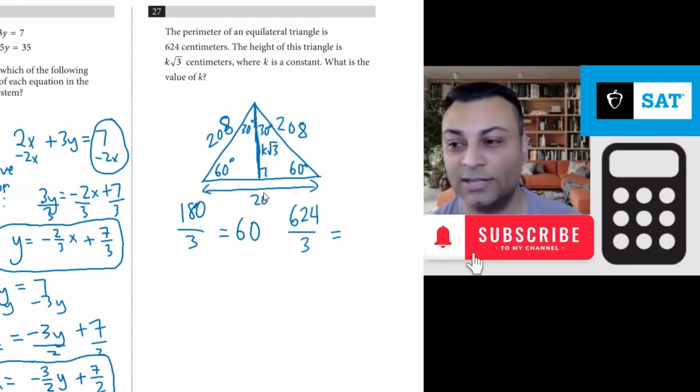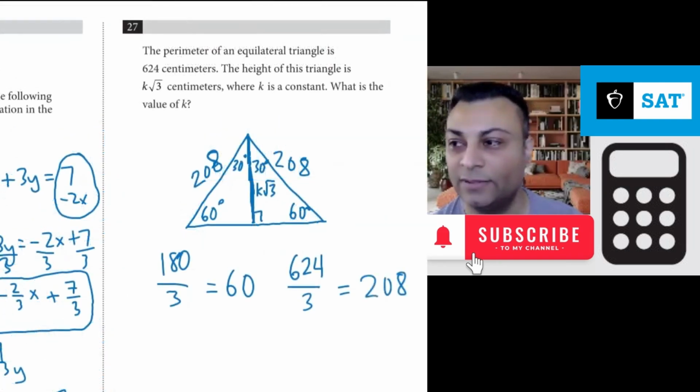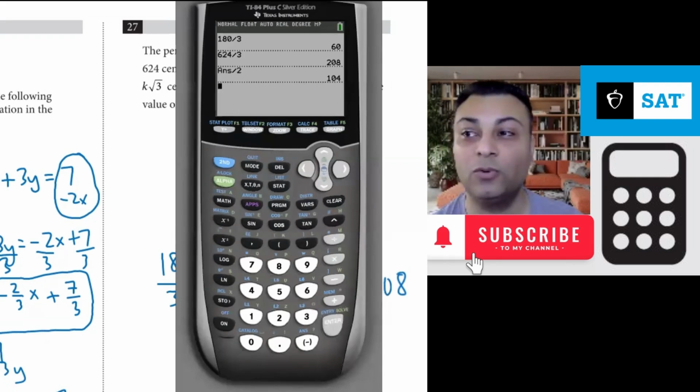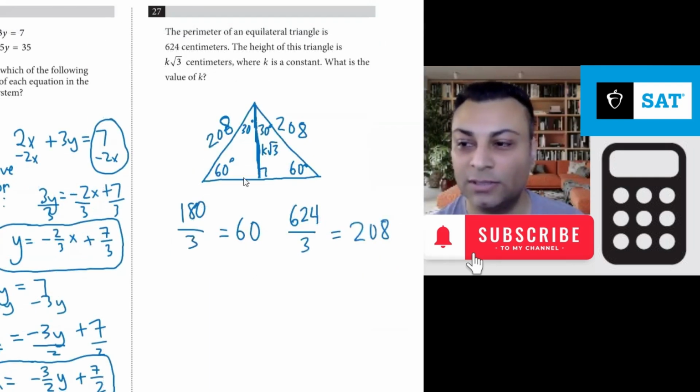But let's cut it in half because we have cut it in half in this picture. Oh, this was 208. Okay, so let's cut that in half. Let's grab the calculator. Let's go divide by 2. 104. So this is 104, 104, and this part is 104.